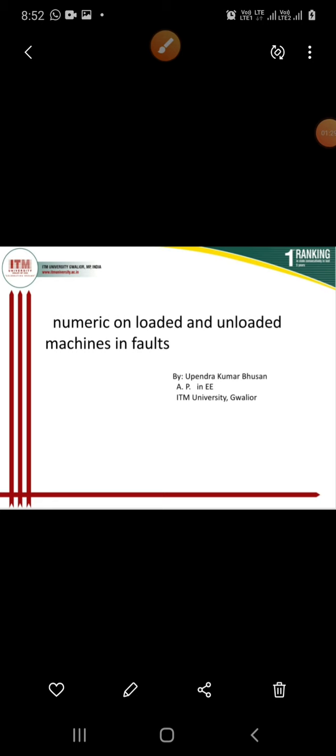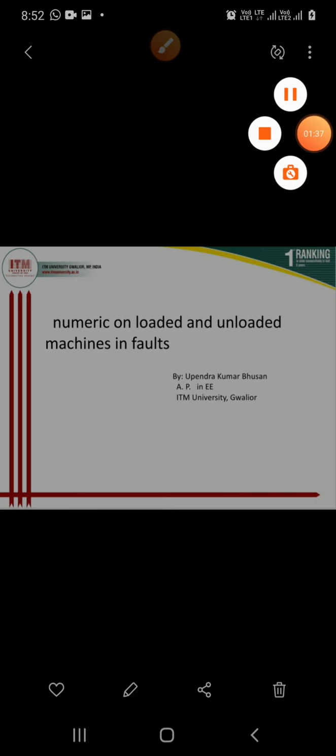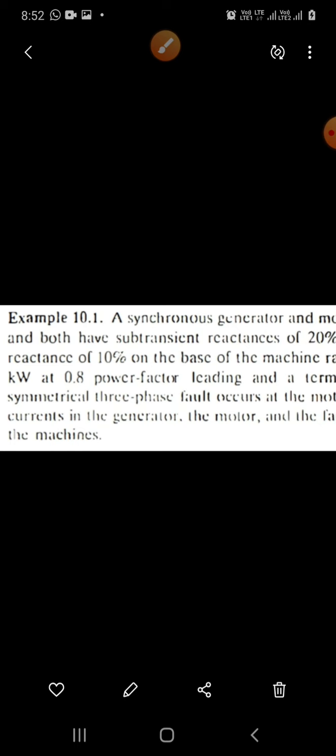Now I want to solve a numerical based on the previous concept we have discussed. So come to a numerical now. This is our question.